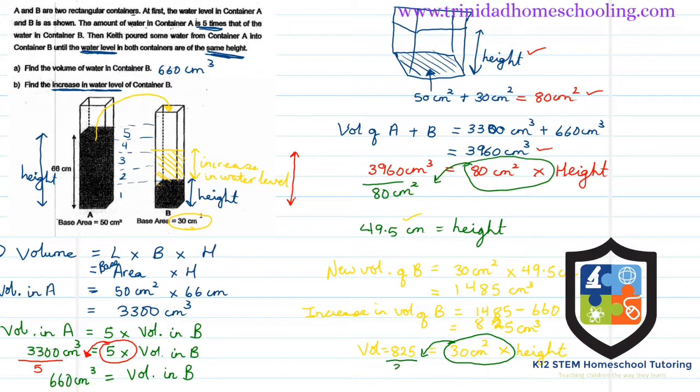We will divide by the 30 because we'll be multiplying on this side, so we divide on this side, and this will give us 27.5 centimeters, and this is the difference, or your increase in height, 27.5 centimeters.